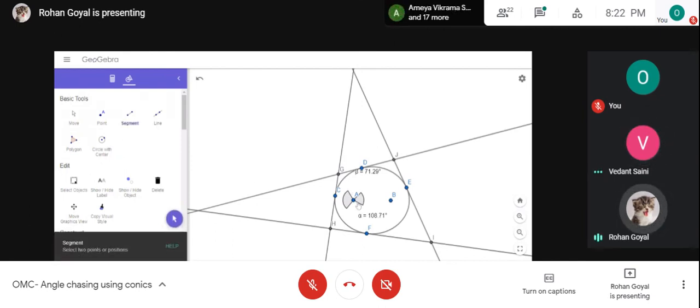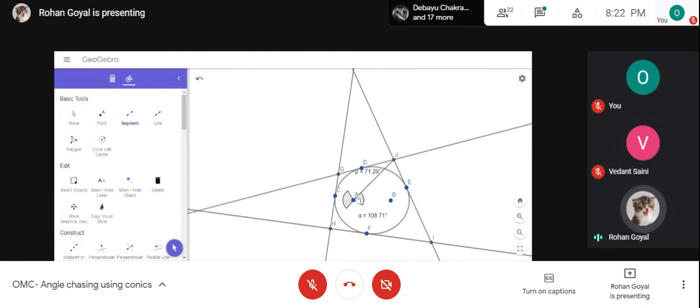Perfect. So what we are basically changing our claim to is that GAJ plus HAI is the same as this angle, and because these two sum to 360, if this sum plus this sum is this sum plus this sum, then this follows directly. So you draw G. That was the bisector, right?